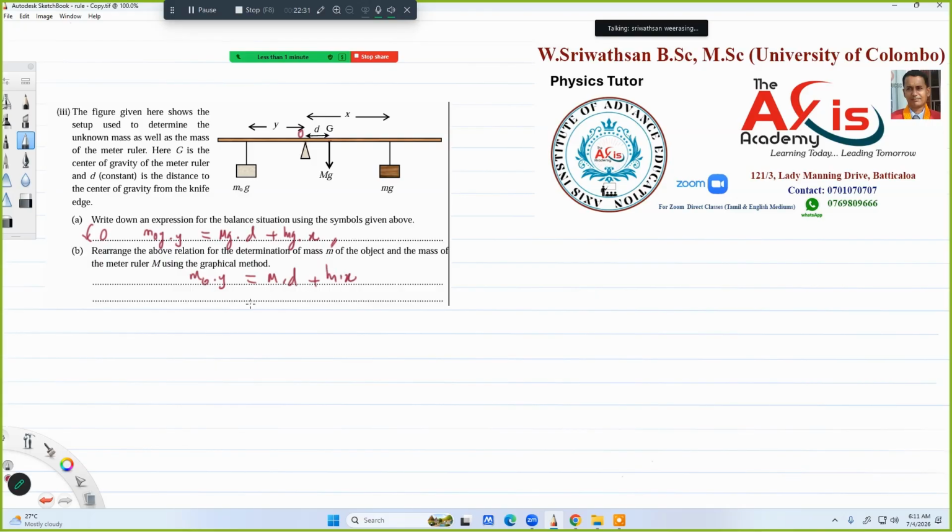So y is equal to capital M over m naught times d plus small m over m naught times x.